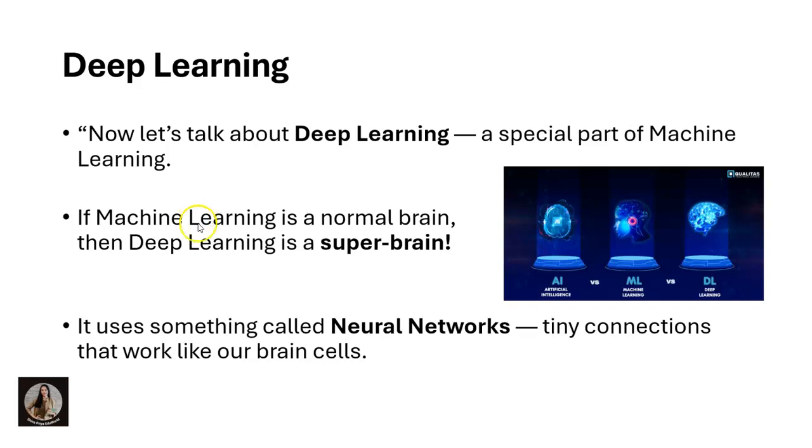Compared to machine learning, it works like a super brain. It uses something called neural networks. Why? Because of tiny connections that work like our brain cells. It exactly works like our brain cells. That's why it is called neural networks. Clear with deep learning? Why do we call them neural networks?